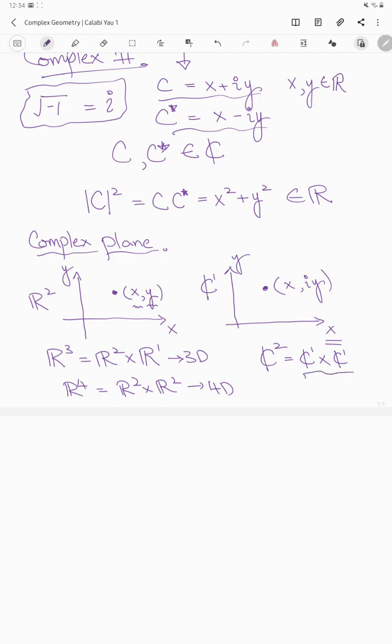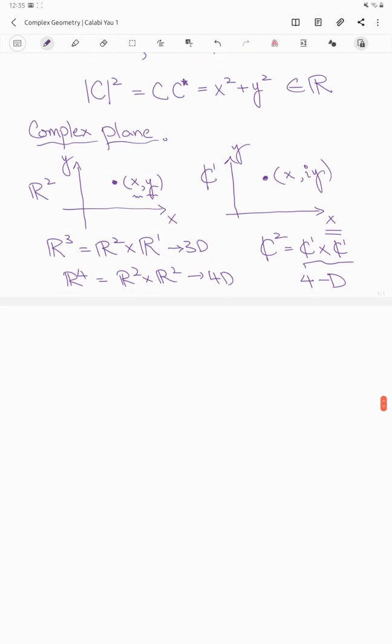So C2 has 4 dimensions, where R2 has 2 dimensions. So what we can clearly see is that we can exchange Cn and R2n, right?